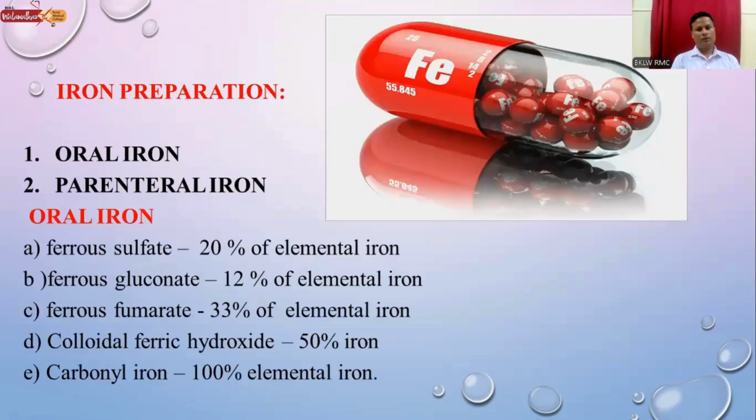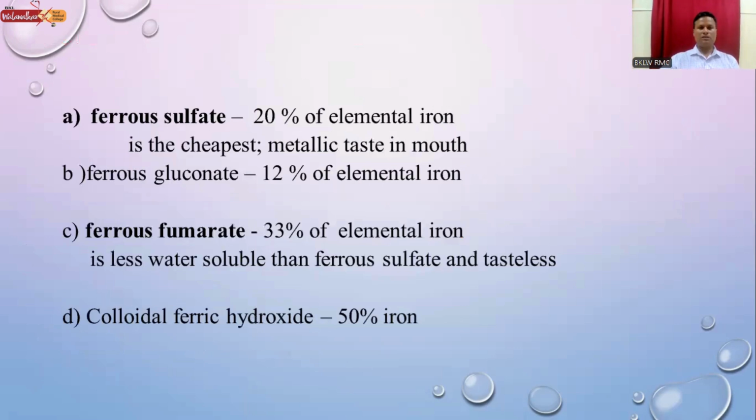Now, iron preparations are mainly divided into two forms, oral iron preparations and parenteral iron preparations. Oral iron preparations are ferrous sulfate, ferrous gluconate, ferrous fumarate, colloidal ferric hydroxide, and carbonyl iron. Coming to ferrous sulfate, it contains 20% of elemental iron.